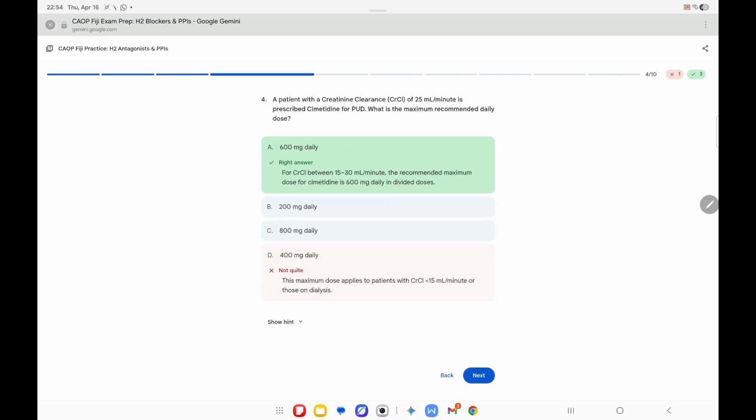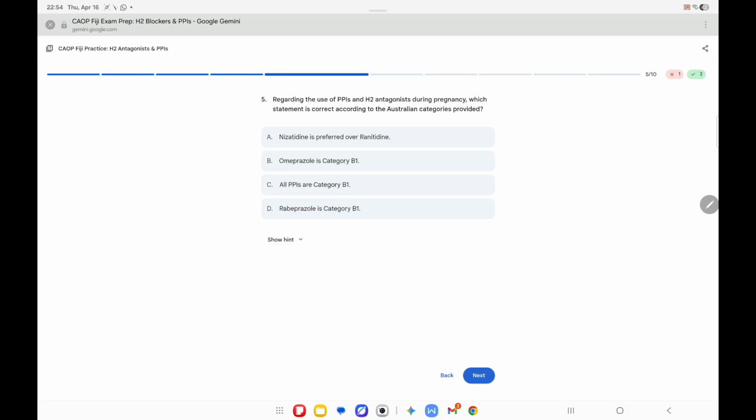Oh, it's wrong, 600 milligram. I was about to take 600 milligram, but I didn't. If clearance is between 15 to 30 ml per minute, then the recommended dose will be 600 milligram daily. So, first wrong answer.